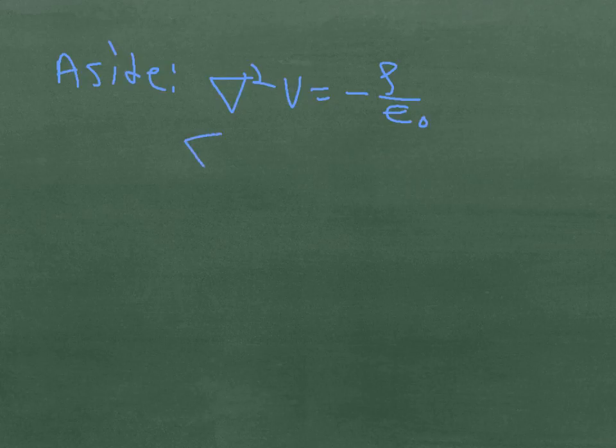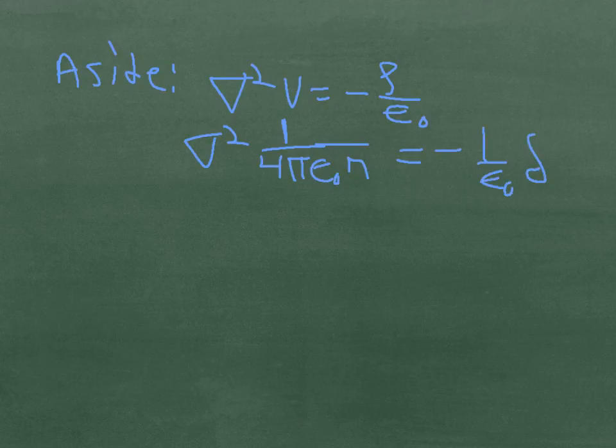So let's write this as an aside. A way of remembering this is we know that del squared V is equal to minus rho on epsilon naught. That just comes from Gauss's law. Del dot E is rho on epsilon naught, and minus grad V is equal to E. If we plug in a point source of unit charge, the potential for a point source of unit charge is 1 over 4 pi epsilon naught script r, and the point source gives us minus 1 on epsilon naught times delta cubed of r minus r prime.